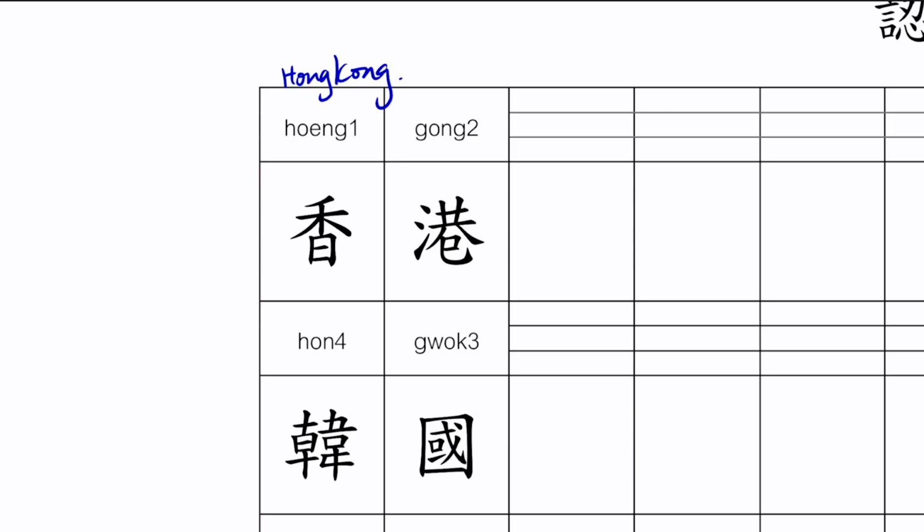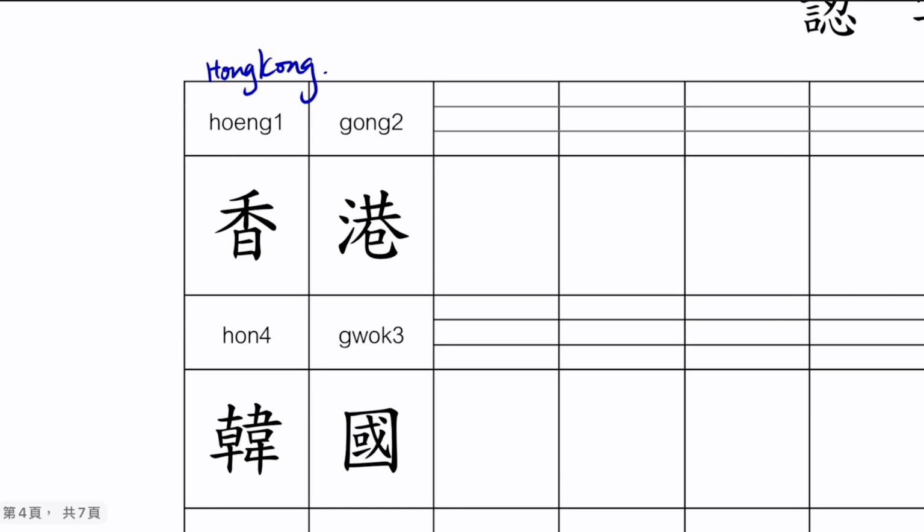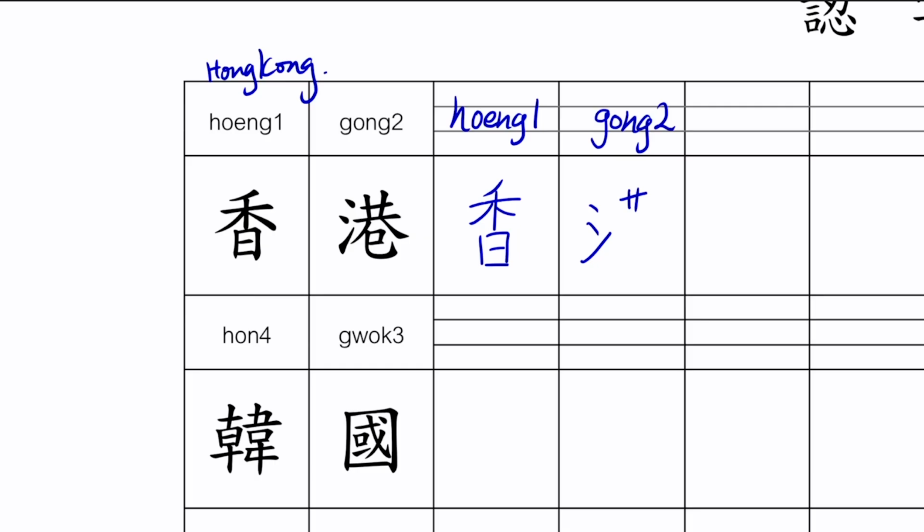Hong Kong. So the Jyutping of 香 is H-O-E-N-G, first tone. How to write it? 撇橫直撇捺直橫直橫橫. 香. 港 G-O-N-G, second tone. 點點剔橫直直橫.